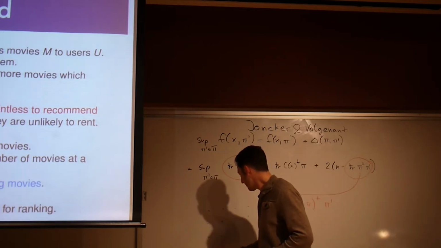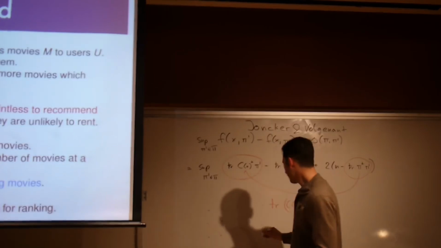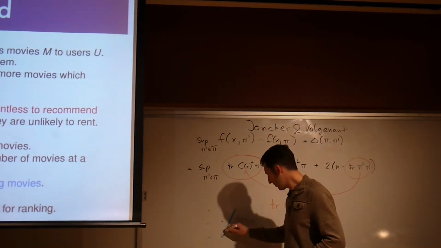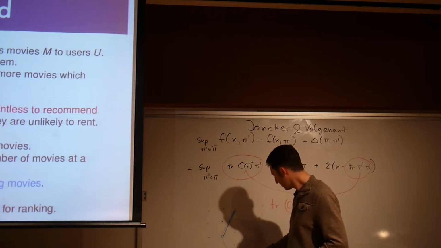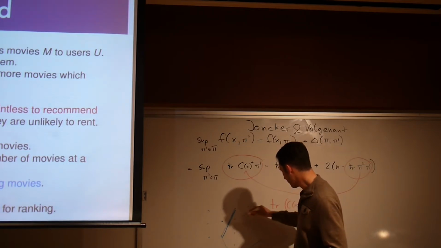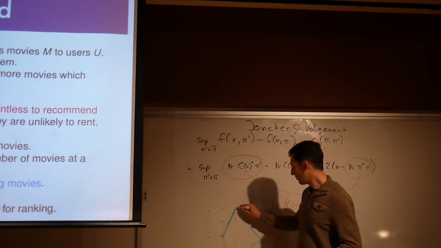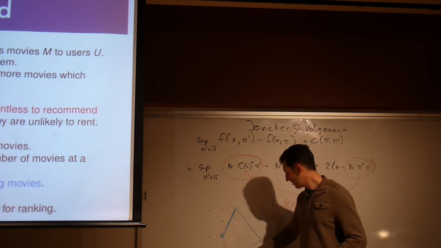So now, in such a grid, if my constraint set looks like so, make sure it's a polyhedral set. Right? So what I can see is that all the vertices here are integers, are integral.